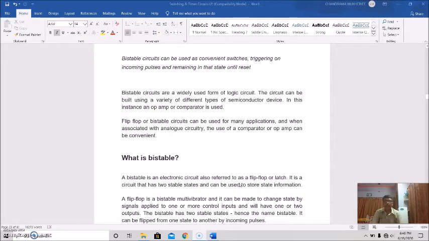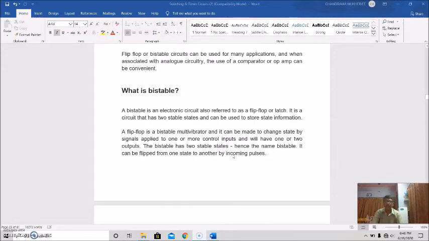Bistable means, basically, bi means both, two. Its other name is the flip-flop circuit, and it is used in many applications when associated with analog circuitry. The use of a comparator or op-amp can be convenient also.